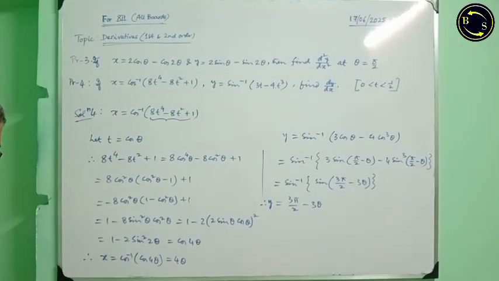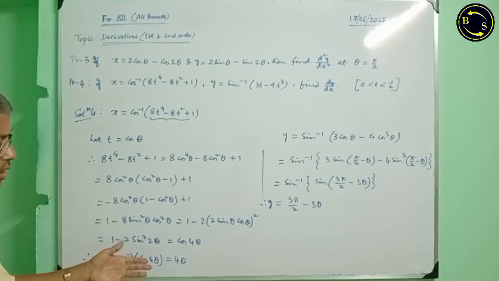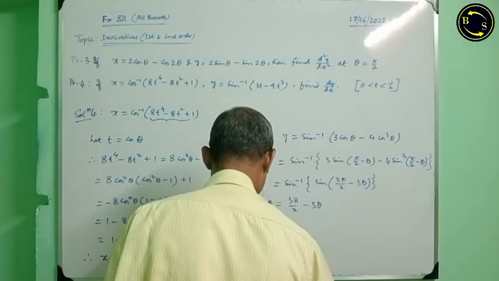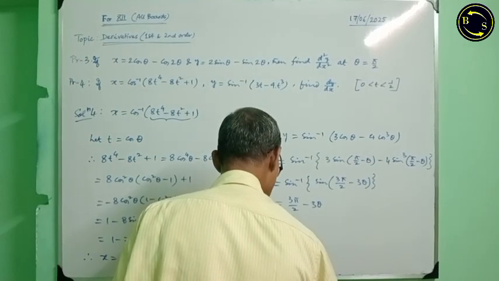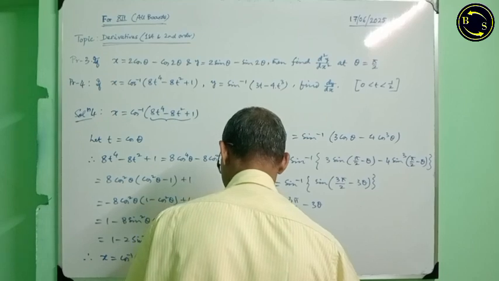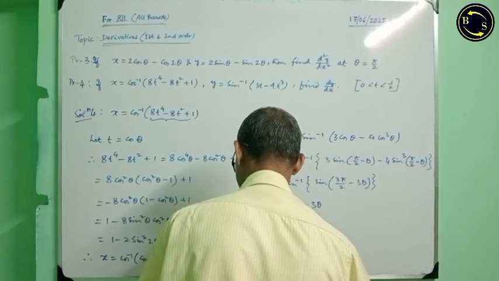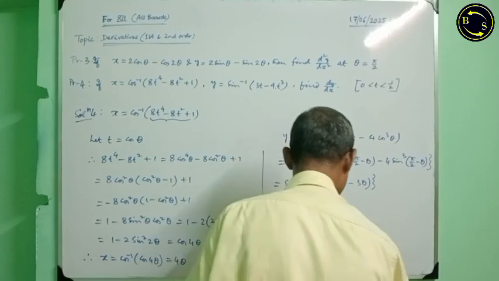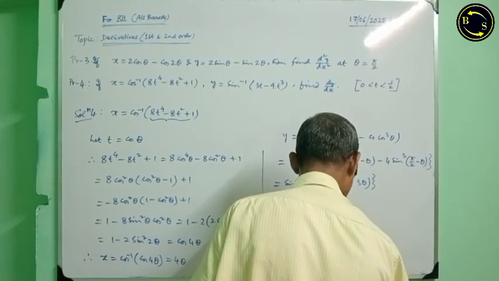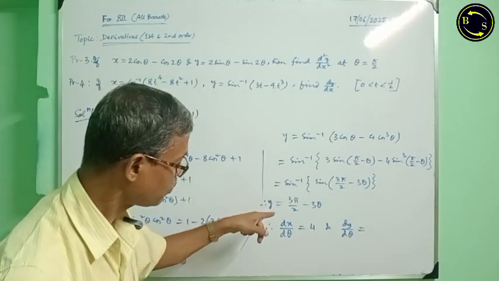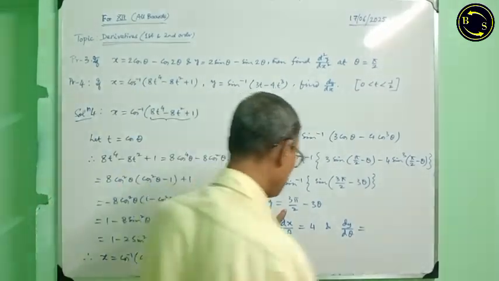Now we can find easily dx by d theta and dy by d theta. Therefore, x equal to 4 theta, so dx by d theta equal to 4. And dy by d theta: this is constant, therefore derivative will be 0 minus 3.